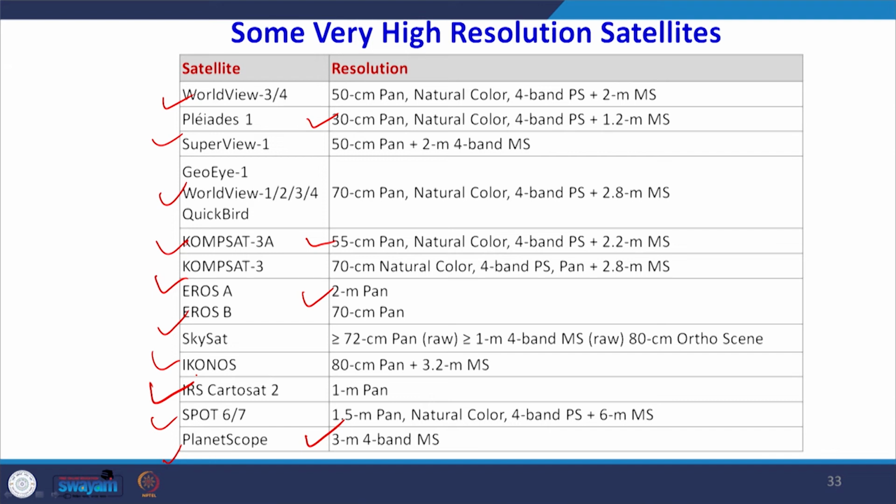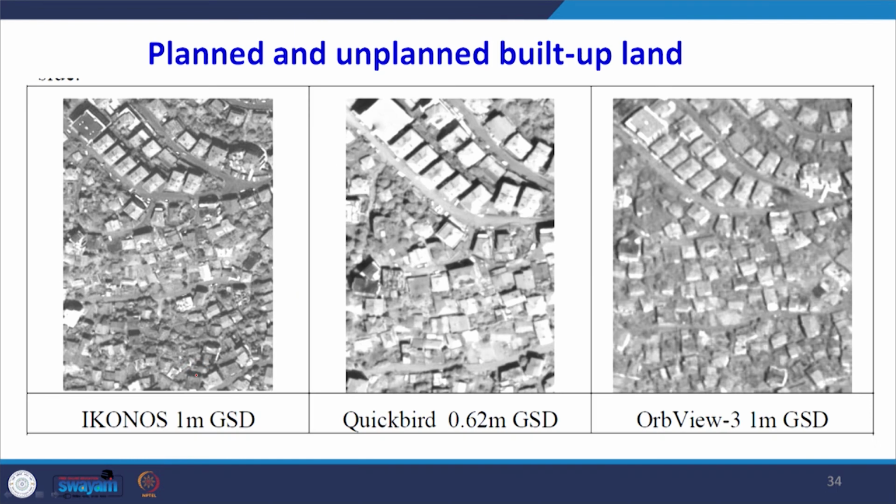So, we can make use of these high resolution satellite data and create maps at 5000 scale, maps at 10,000 scale very easily. This example shows the satellite data which is available to us from Ikonos at 1 meter, QuickBird at 0.62 meter, and OrbView at 1 meter resolution. So, this is the spatial resolution which is written over here.